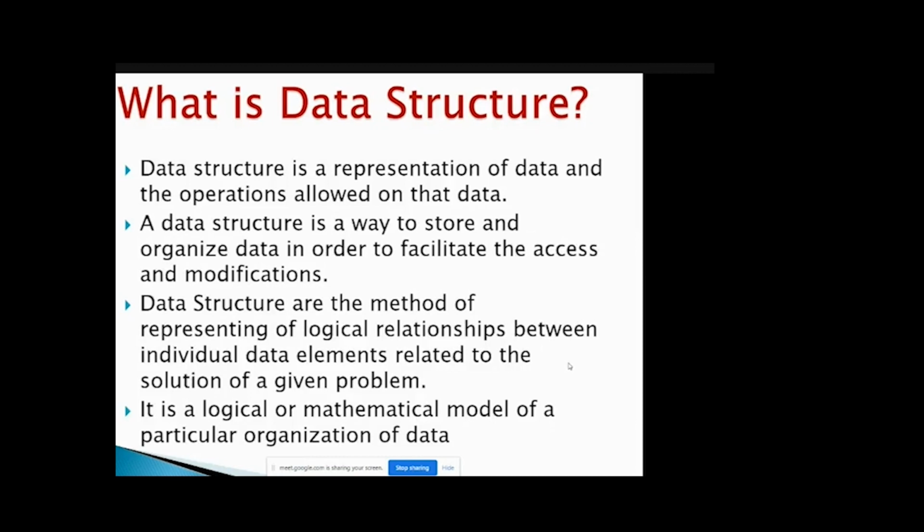Have you heard of linked list? Yes, ma'am. What is linked list? It's like an array, but in an array we store things at consecutive locations, but in a linked list we don't store at consecutive locations.